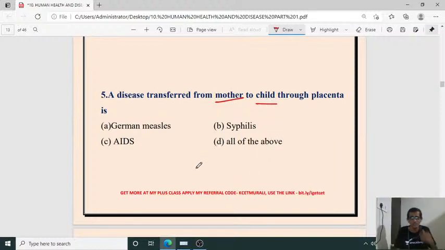Through that, some diseases are going to transfer from mother to fetus. Which is that one? AIDS or HIV, because here there is direct contact of blood between the mother and fetus, and also through breast milk, through breastfeeding, this disease may transfer.